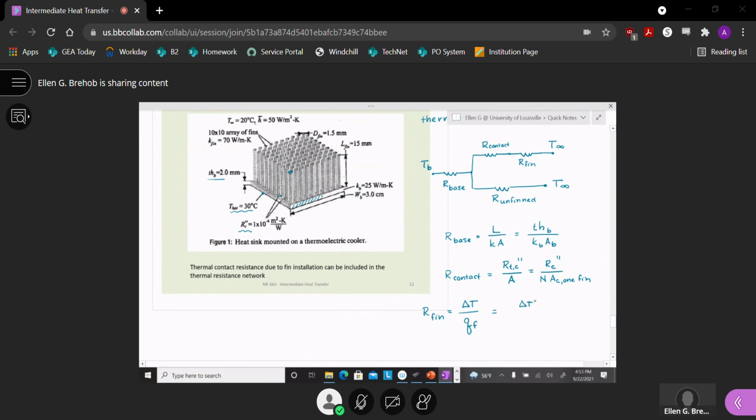Let's just leave it as a delta T, and Q for the fin as eta fin, number of fins, surface area of the fin, a heat transfer coefficient, and delta T. So that gives me total surface area for the fin. This would be for one fin.